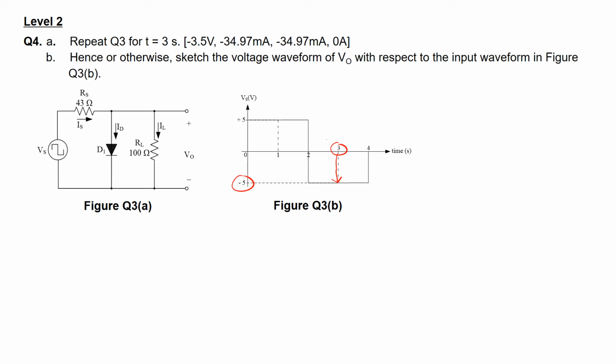If Vs is -5 here, we can imagine that this Vs is being replaced by this battery here, which is inverted, and it's running at -5 volts. So we can redraw the circuit here. You can straight away see that with the arrangement of the battery in reverse like this, the diode D1 will be reverse bias. That's why I'll be replacing this diode D1 here, since I know from first look that it's going to be reverse bias, by an open switch.